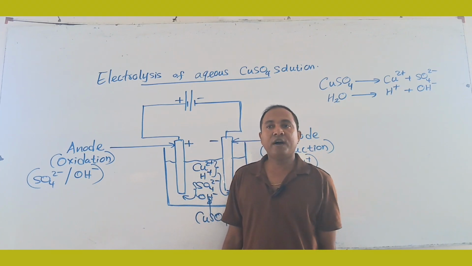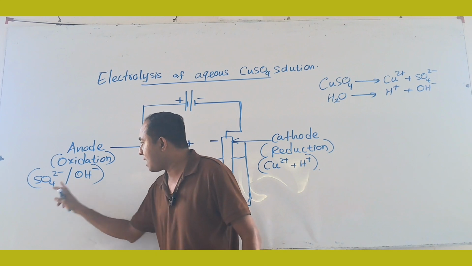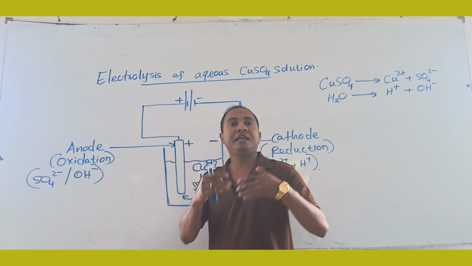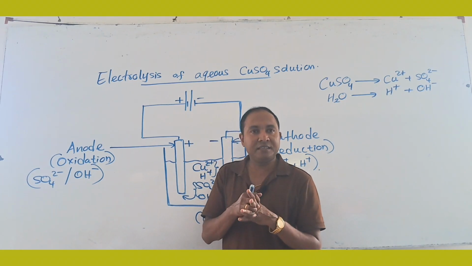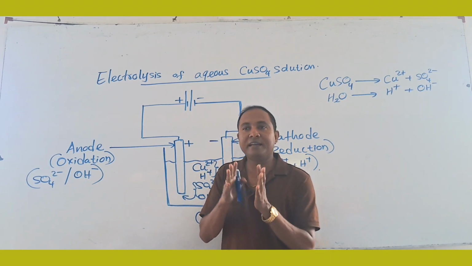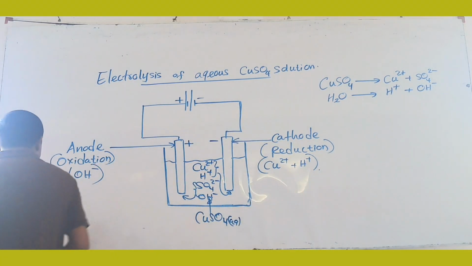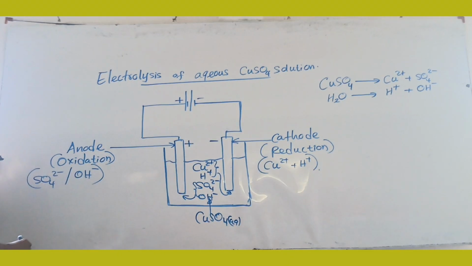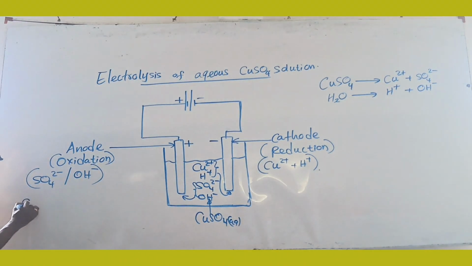Among them, which has a higher tendency to lose electrons? Among chloride and hydroxide, chloride has more tendency to lose electrons. Among sulfate and hydroxide, hydroxide has more tendency to lose electrons.